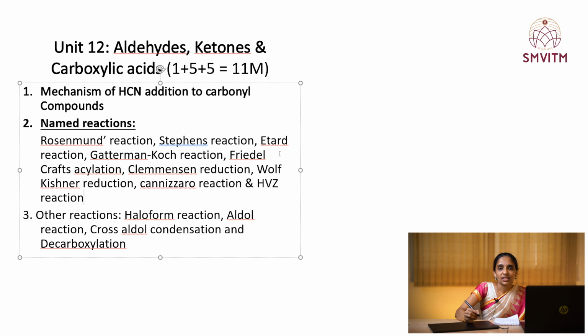If you see chlorobenzene and also phenol and anisole, remember you get ortho and para products in the electrophilic substitution. Whereas, if you see benzaldehyde, benzoic acid, they will give you meta products. So, collect all the electrophilic substitutions, classify them as ortho-para directing group containing compounds and meta directing group containing compounds, and you can have a comparative study.